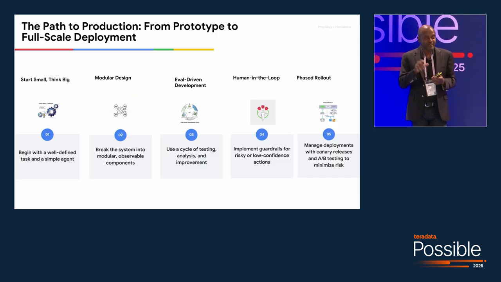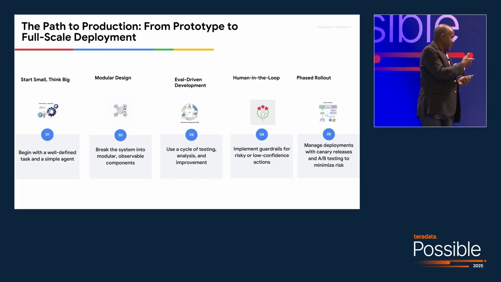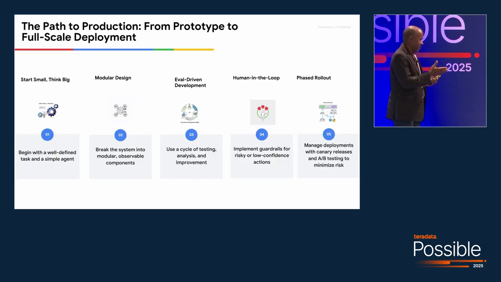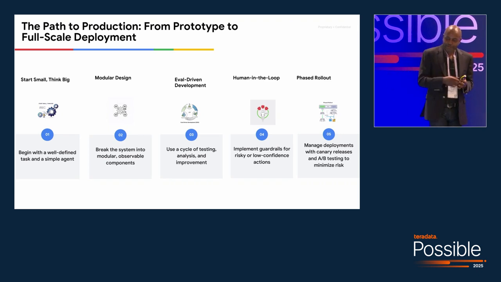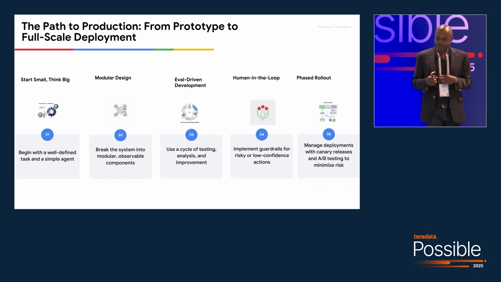eval-driven, which means at every step, you need to do evaluation. Evaluation is key, because, for example, earlier today, you can run the demo 2, 3, 4 times, and then you have unpredictability, right? You have different results. So you need to have an evaluation data set that you use to make that predictable.